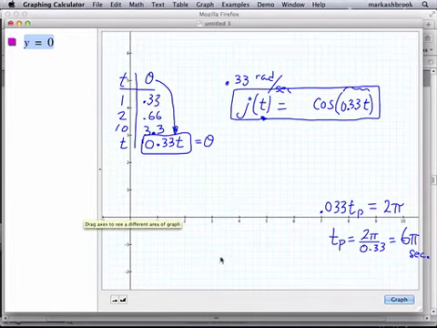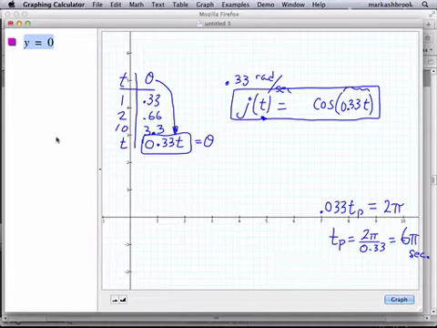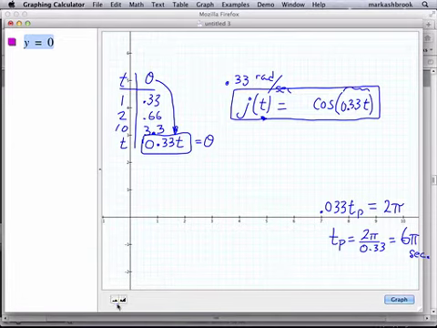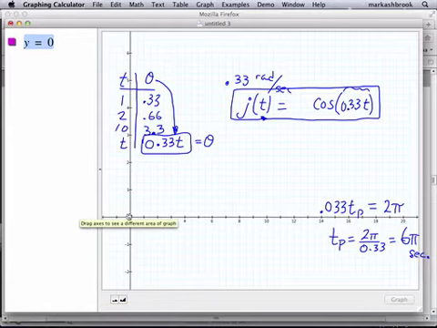Okay, so maximum. So we said at time equals 0. Oh, let's see, 6 pi seconds. What is 6 pi seconds? You're going to need to zoom out here. So what is 6 pi seconds? 18.85.